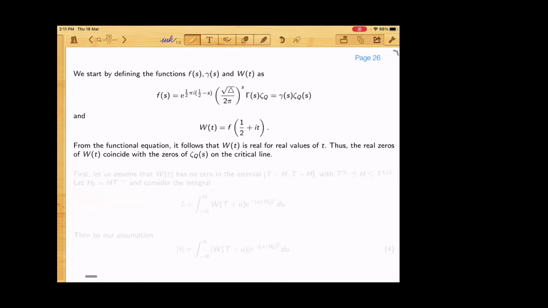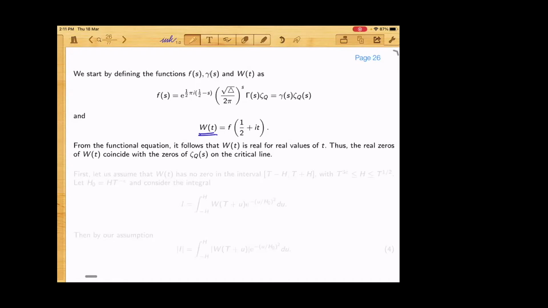The starting point is to look at the functional equation and catch hold of Hardy's function, W(t). By the functional equation, f of half plus it is the same as f of half minus it. Therefore, W(t) is real for real values of t.